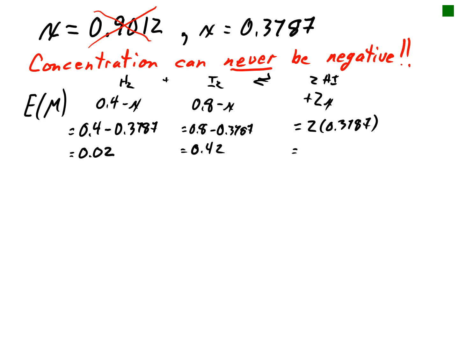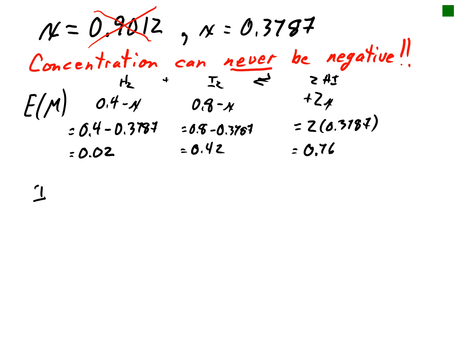And so this time we get 0.76 moles per liter. So that gives us all of our concentrations for all of our respective substances, and we can only have two significant figures. This time around, because of the subtraction, the first one looks like there's only one, but that's done to the correct number of significant figures. So that gives us all of our processes.